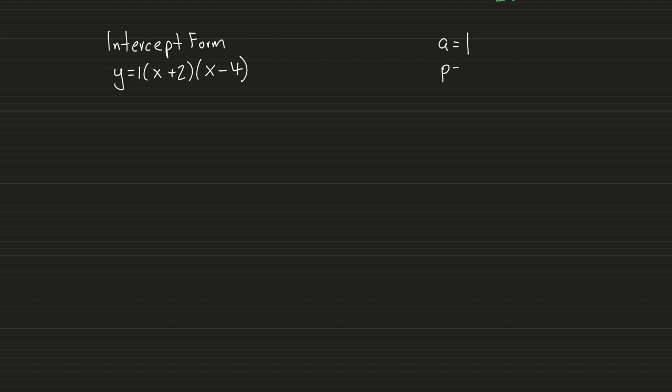We know that p is negative 2 and q is positive 4. Those are our x-intercepts. So we can see right away that intercept form is super helpful. What we don't have just by looking at it are h and k, which is our vertex, and we don't have c, which is our y-intercept.